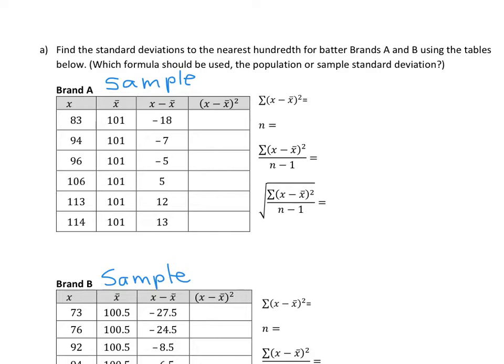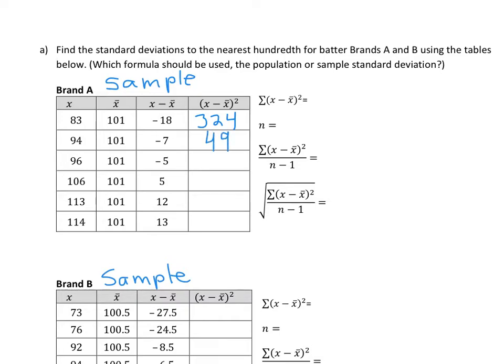So what's done for us here? We've got the values and the mean already written in for us, and then the deviations, which we found on the previous page or two. So now what I want to do is take the deviation from the mean and square it. In your calculator, negative 18 squared is 324, negative 7 squared is 49.